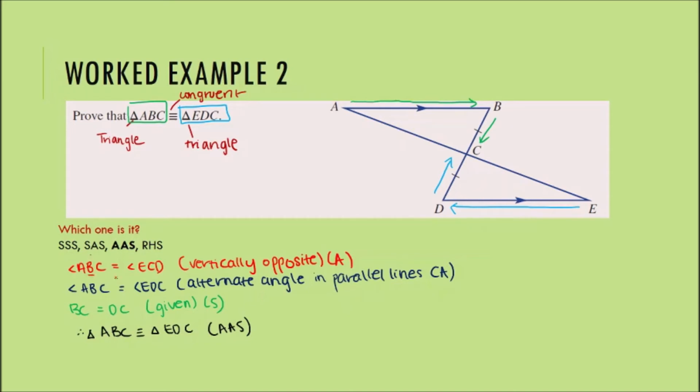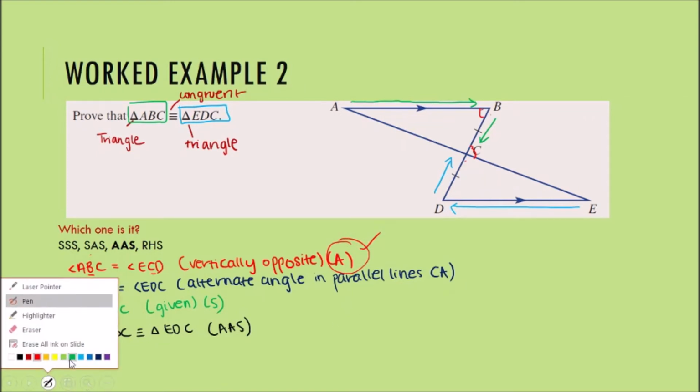We're looking at B and we're looking at C. Angle B and C, ECD. And they are vertically opposite angles, B and C. So we know that that's already going to be an A for angle. And that's from exercise 7B, okay?